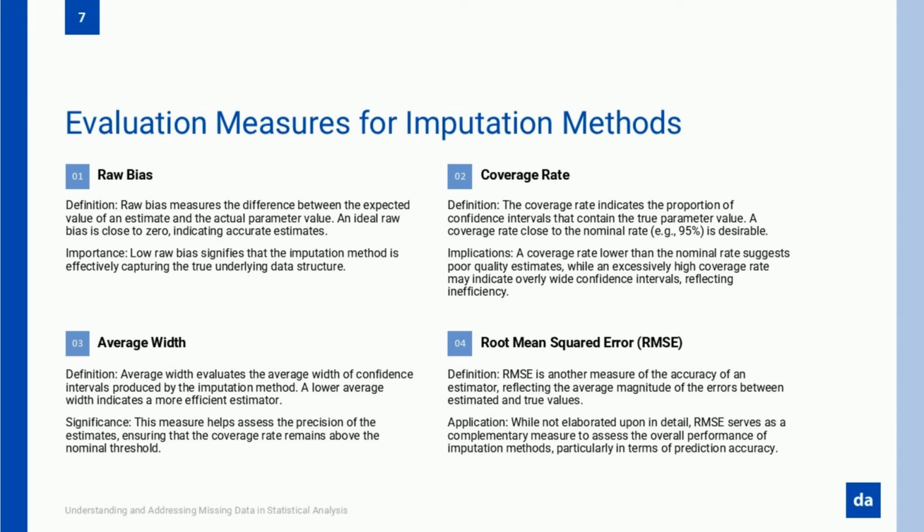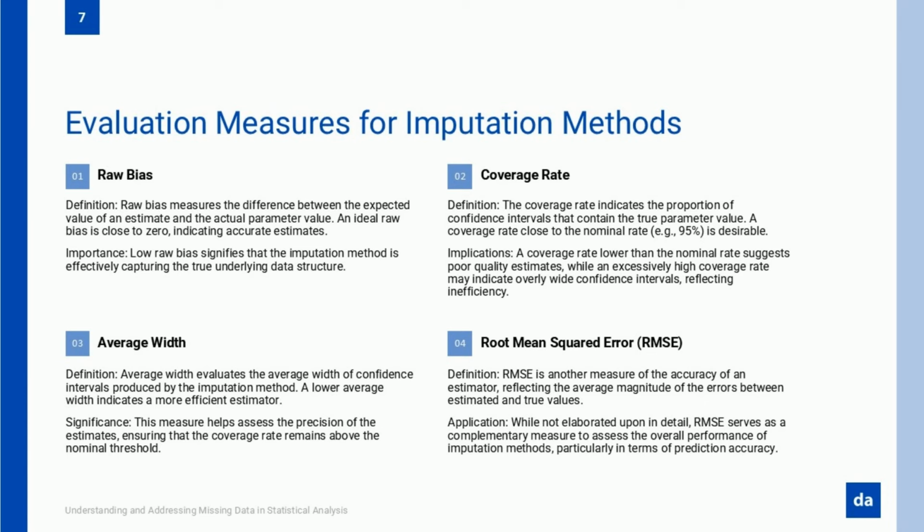The simulation study design allows researchers to test multiple imputation techniques under various missingness scenarios, from missing completely at random, MCAR, to missing at random, MAR. Evaluate performance metrics like bias, coverage rates, and RMSE with precision and reliability.